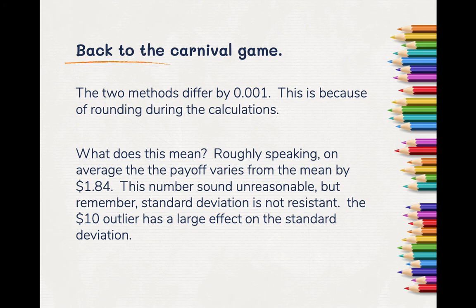It's not going to happen too often, but when it does, it can really skew things. And that's the truth of the matter in those games: you throw in that one big payoff to try to get people to play the game, thinking, yeah, I know I'm probably not going to win, but just think what happens if I win that big. That's enough to get enough people to play that you're still going to make the money off of it.